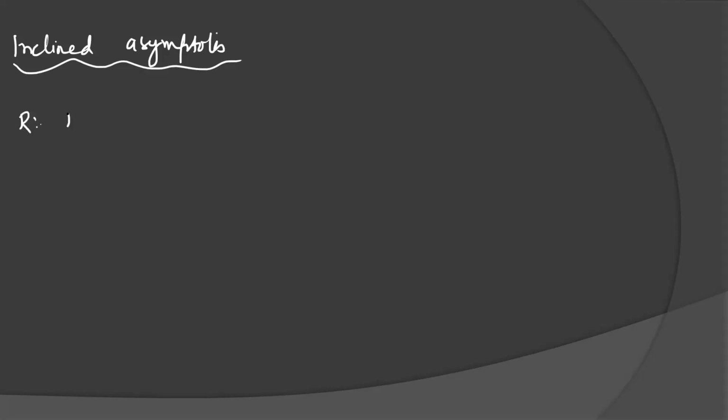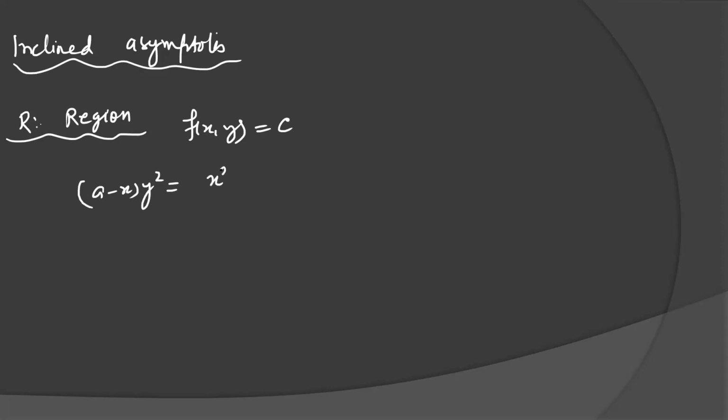Last is region. Region is very important here. Region tells me the domain and range of any given curve, in which domain you can draw the curve. Suppose, for example, you have a similar curve I discussed earlier, (a minus x) y square equal to x square (a plus x). In which domain will we draw this curve?